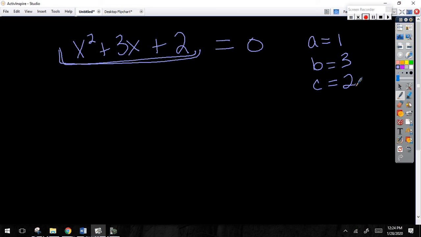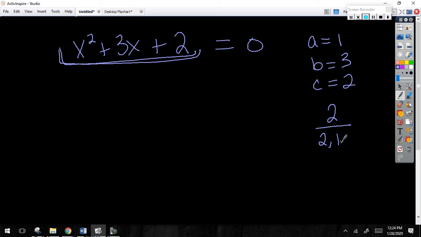Multiply A times C. A times C is 2. List all the factors of A times C. So what all can you multiply together to get 2? 1 and 2. That's it. There is nothing else, right?